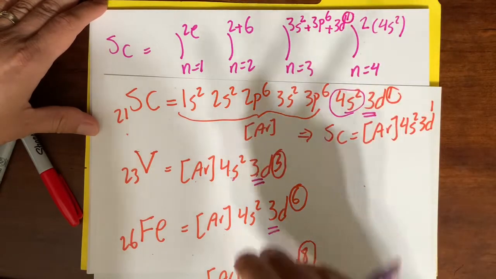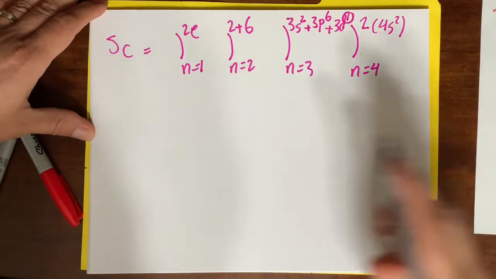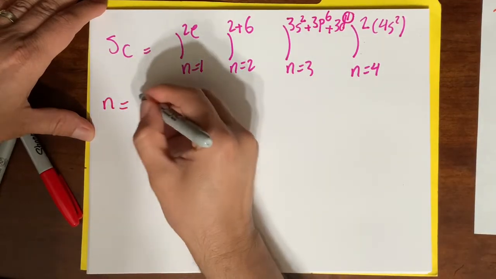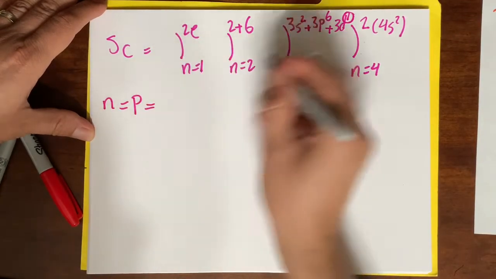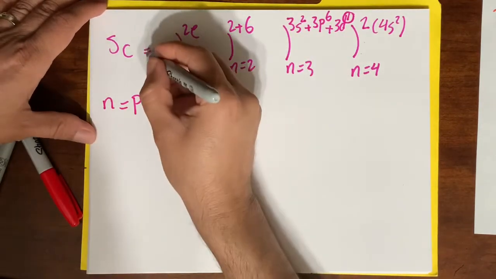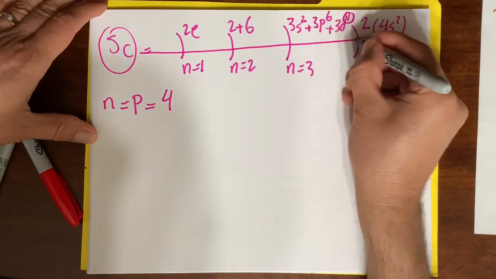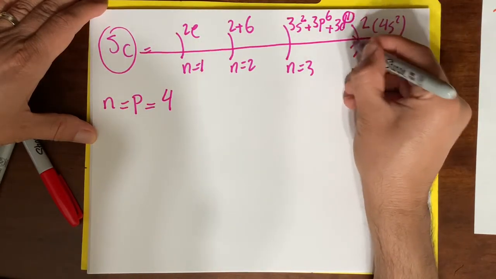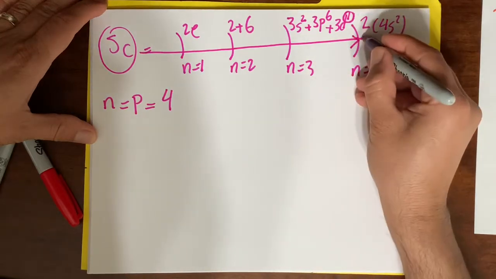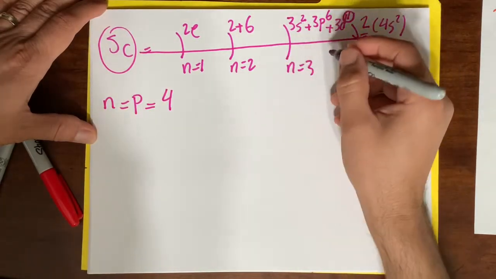This is the one that we need to be sensitive about. The highest n, which is equal to the period, is equal to 4. If you want to measure the size, you go from the nucleus to the last layer.